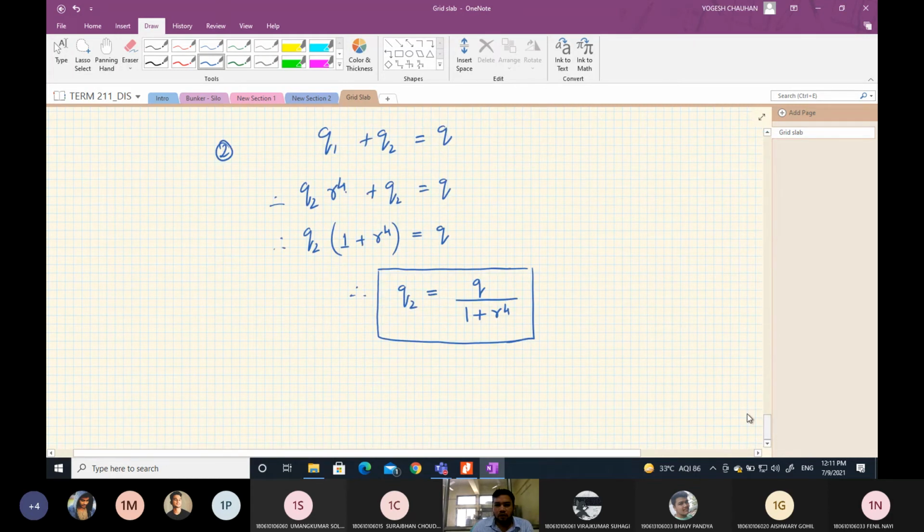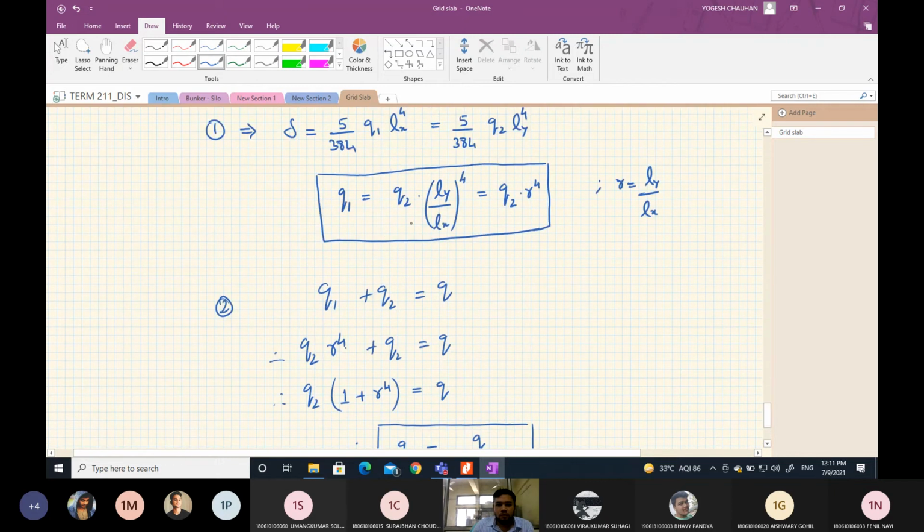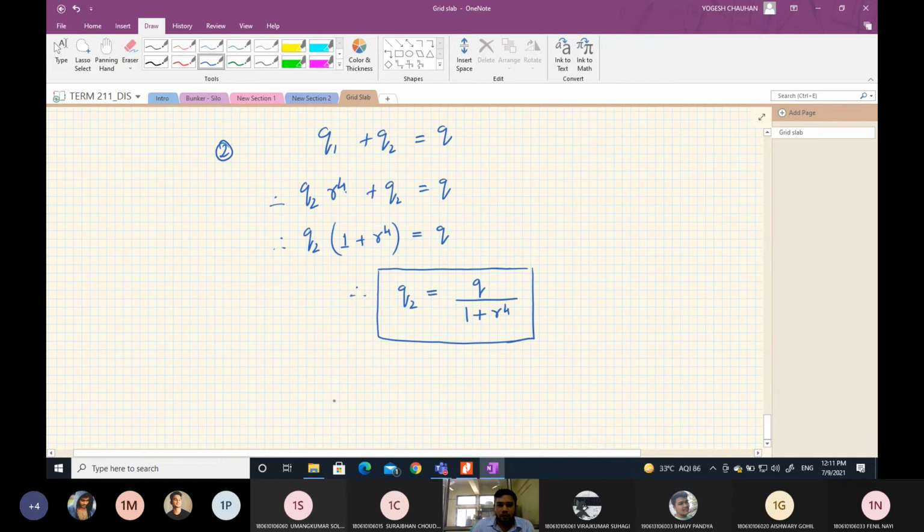Okay. And similarly, substituting the value of Q2 in this, you will get the value of Q1. So Q1 is equal to Q times R raised to the power 4 divided by 1 plus R raised to the power 4.